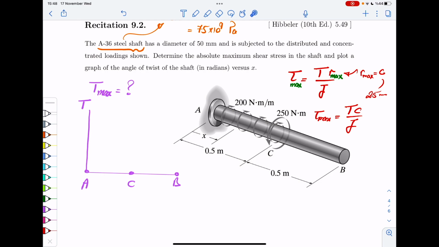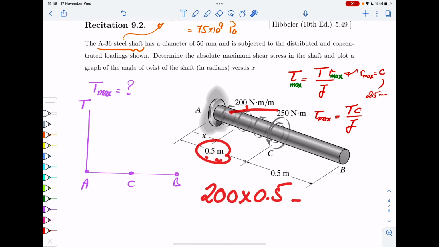So we will do that. To start, let's calculate the reaction at the support A. So you have 250 Newton meter counterclockwise, right? And then you have this 200 Newton meter per meter clockwise distribution for 0.5 meters. So now, if you multiply that by 0.5, you get 100.